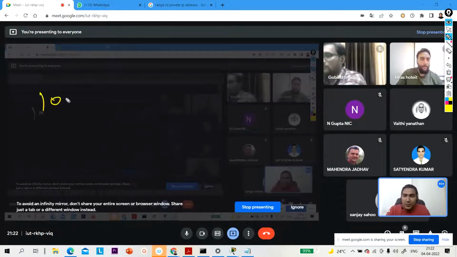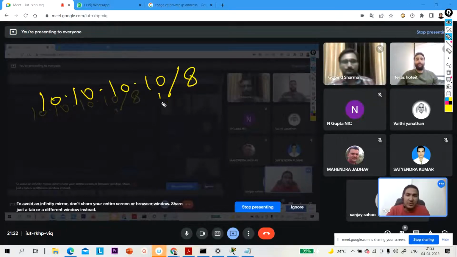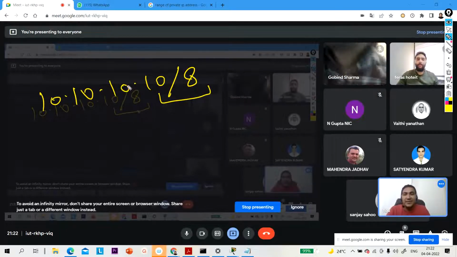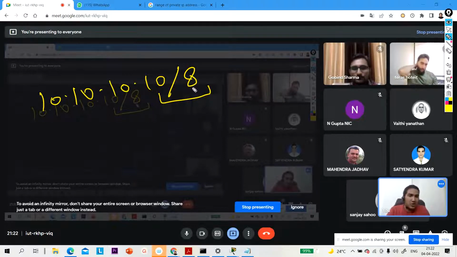So guys, suppose 10.10.10.10, and if I write /8, this is the CIDR value. This says that in this IP address there are 8 network bits. So you can find the host bits.